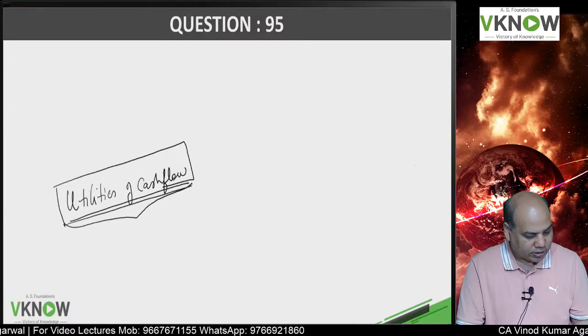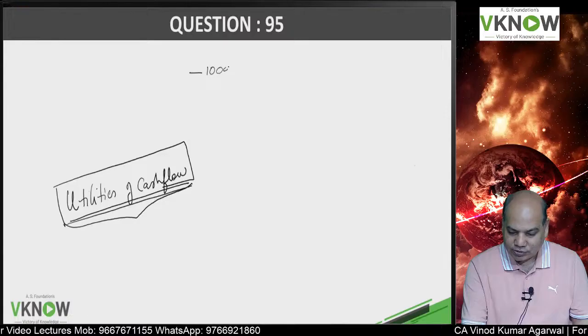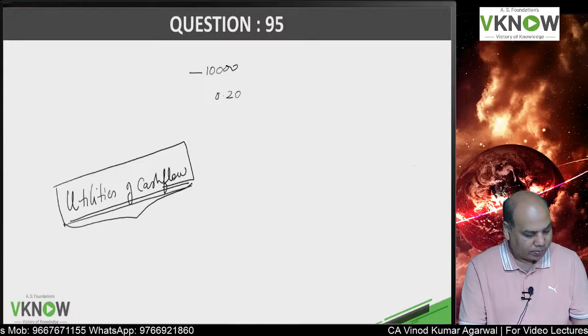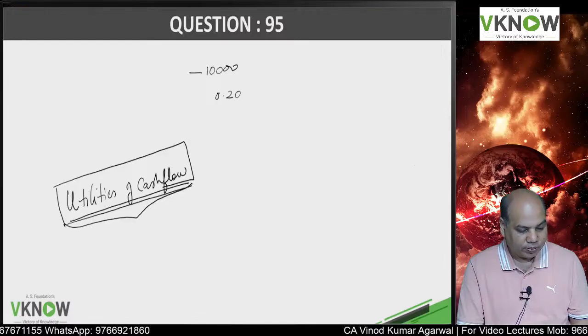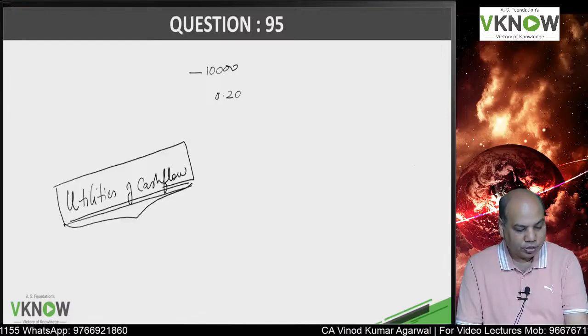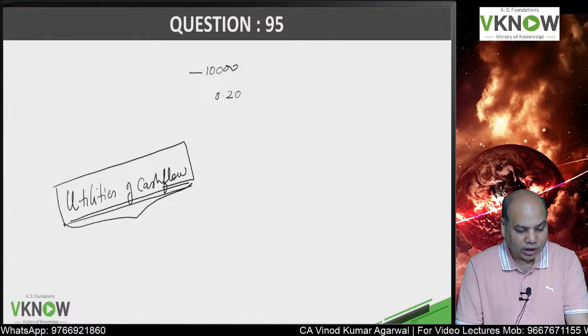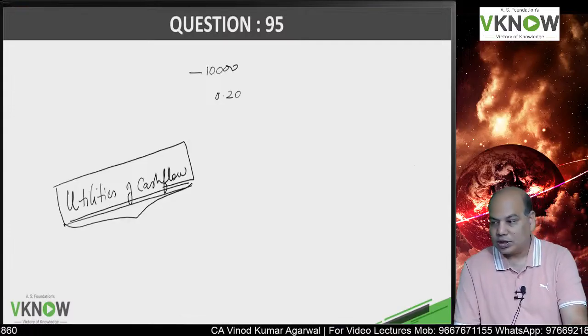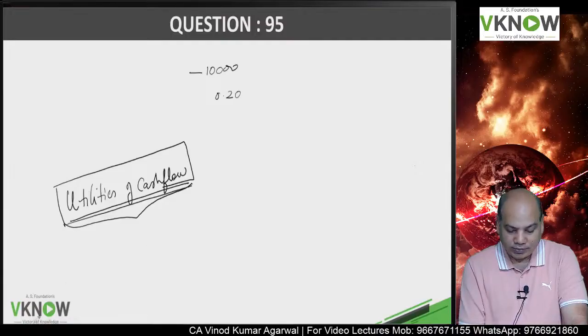There is some typing mistake. Second one is minus 10,000. Probability is 0.20. Third one is 15,000, probability 0.4. 10,000, 0.20. 5,000, 0.10. And in case of project B, they have given you cash flows in different possibilities and their probabilities. Which project would be selected and why?